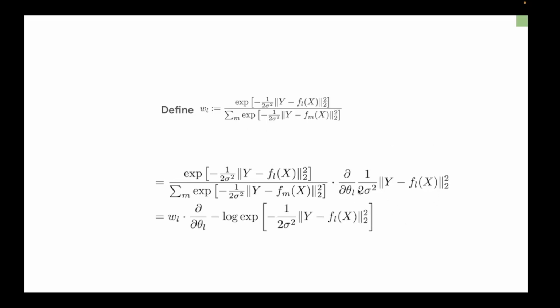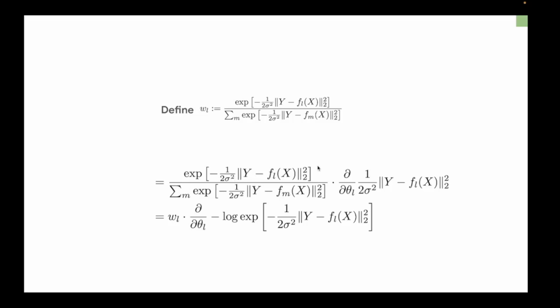And before following further, you can actually define this value here as some weight term, w_L. Because eventually this is just about L, right? Because m here is a dummy index. It's just the summation over all the experts. So it's kind of constant for every L.